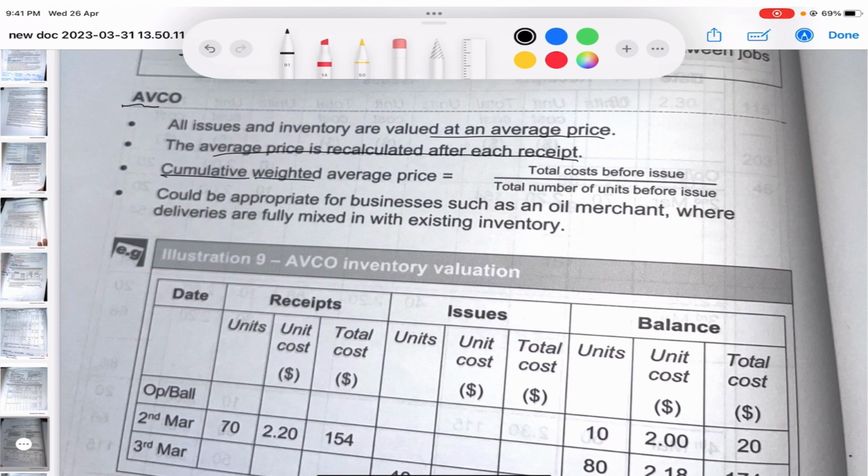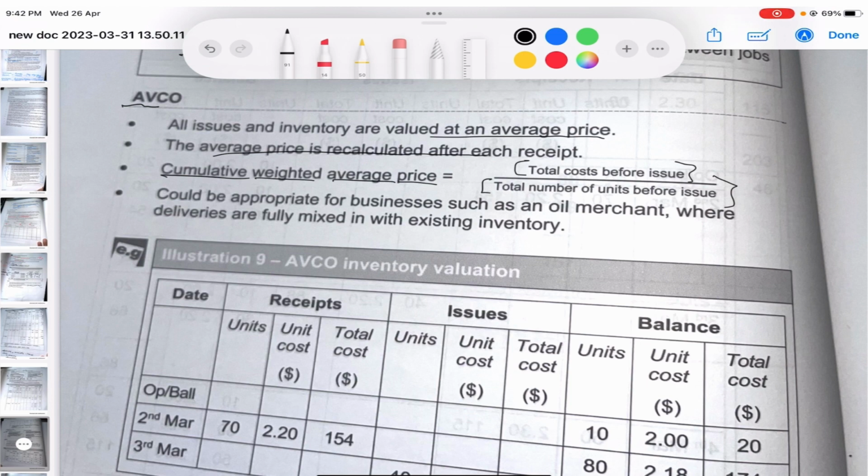What is my cumulative weighted average price? Total costs before the issue divided by the total number of units before the issue. So that's how I'm going to find my average price.